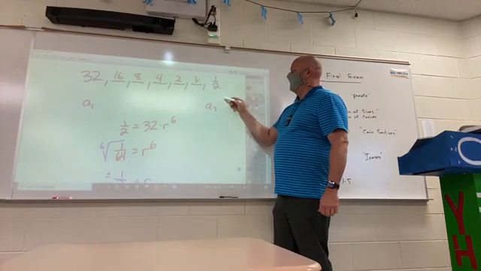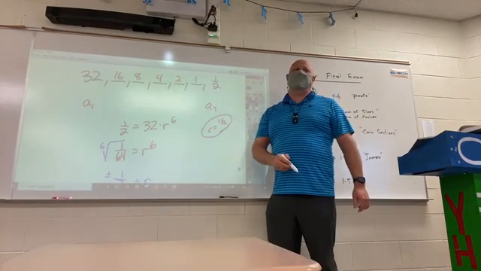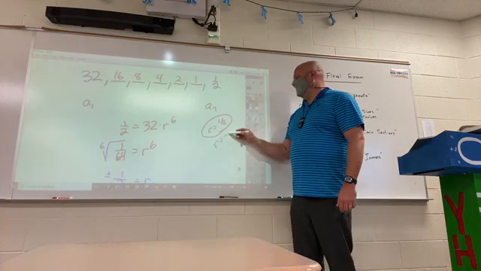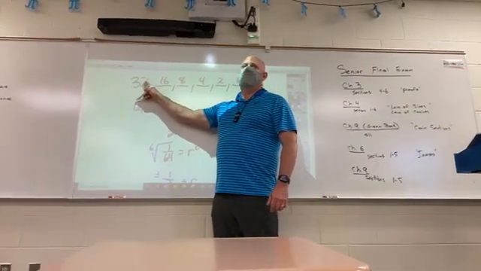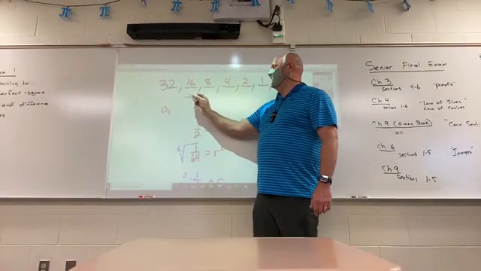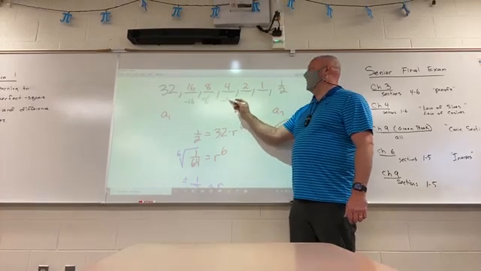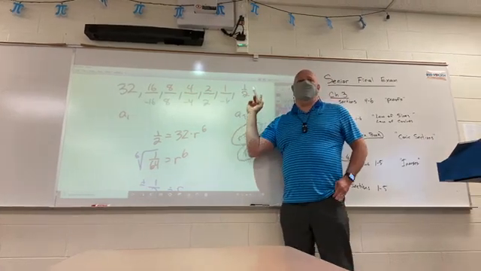When r is positive a half, that's the pattern. What would the pattern be when r is negative a half? It would go positive 32, negative 16, positive 8, negative 4, positive 2, negative 1, positive a half.